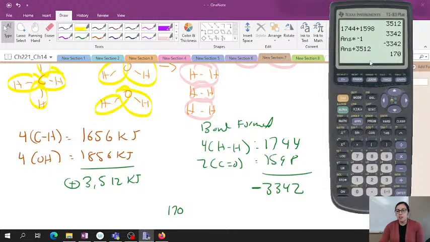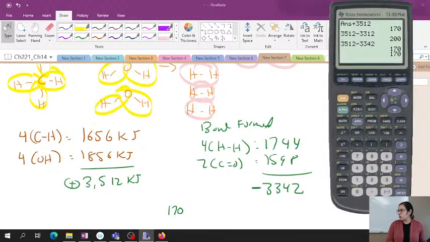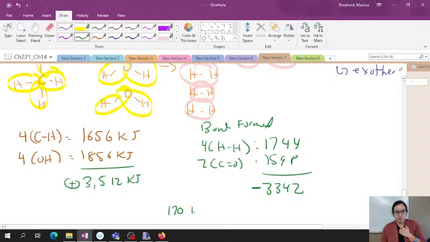This time I just punched in the formed one first. So you could do 3512 minus 3342. I think I plugged something in wrong. You get the same answer either way. So 170 kilojoules for this reaction. This is telling you that this is endothermic, so this reaction requires energy to go.